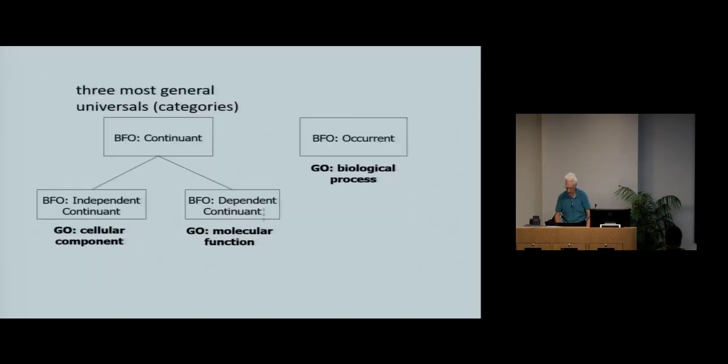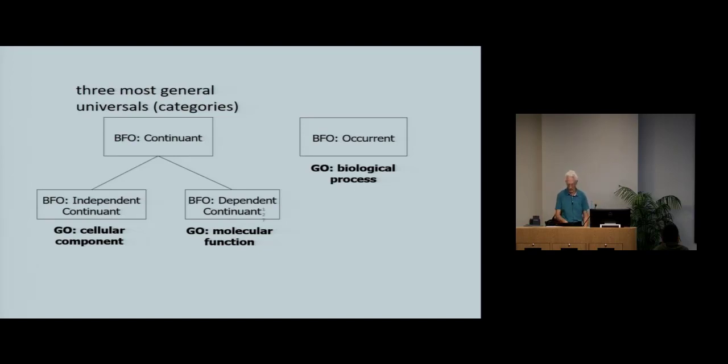All right. So this is BFO at the very top. Continuants are things which continue, which exist in time. Occurrences are things which occur. Some continuants are self-standing, they're independent. For instance, organisms, planets, baseballs, laptops, arms, groups of people.